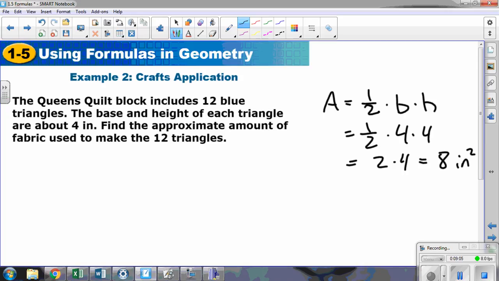That was the area of one triangle. We don't have one triangle. We have 12. What do we have to do to finish it off then? Let's take 12 times the area of one of them. And 12 times 8 gives us 96.